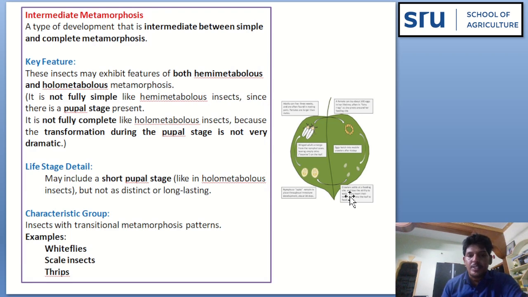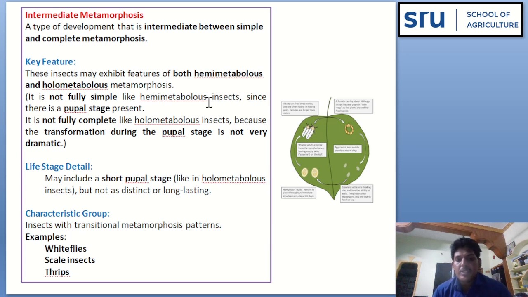Intermediate metamorphosis. It is a type of development that is intermediate between simple and complete metamorphosis. See here key features. The insect may exhibit features of both hemimetabolous and holometabolous metamorphosis. That is, this insect's development is not fully simple like hemimetabolous insects, since a pupal stage is present.